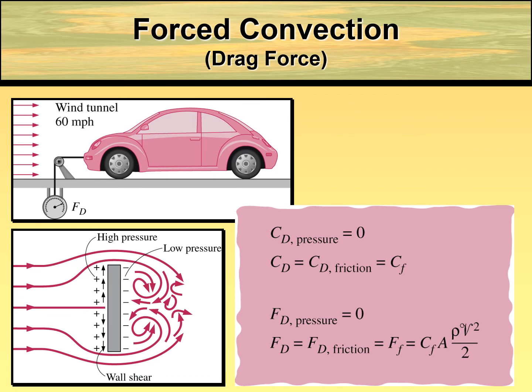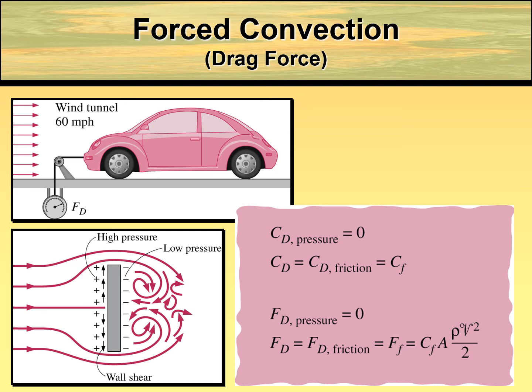So this slide depicts two examples of the wind tunnel experiment to measure the drag force acting on the vehicle model, and the drag force measurement is to calculate or to measure the wall drag force.